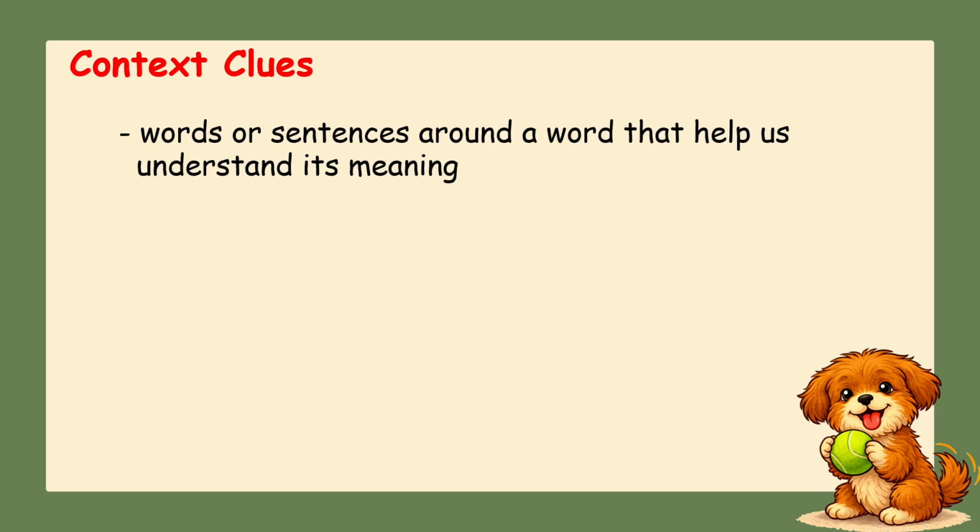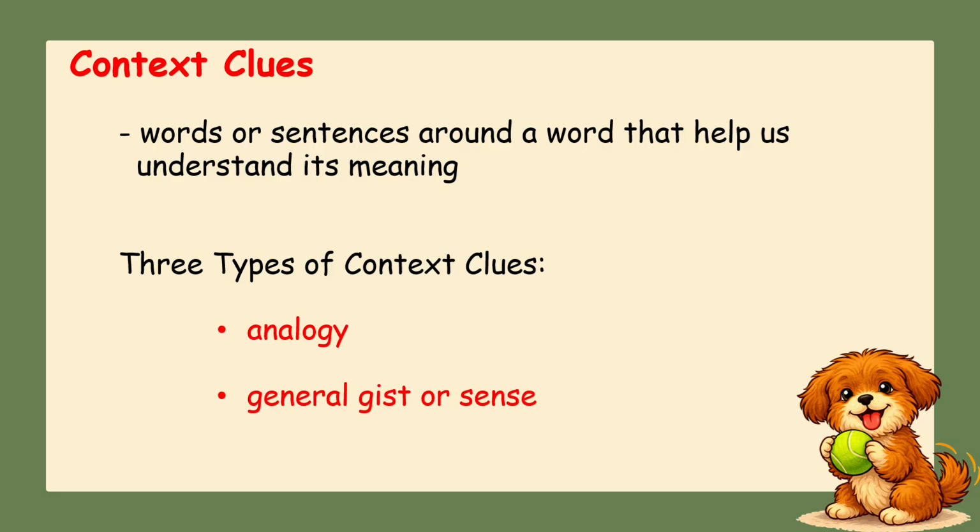Context clues are words or sentences around the word that help us understand its meaning. Now, let us learn how to use context clues to understand them. Again, the three types are analogy, general gist or sense, and punctuation. Let's begin.